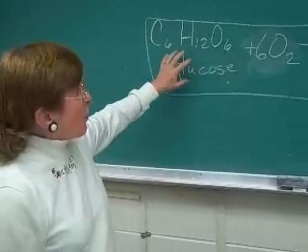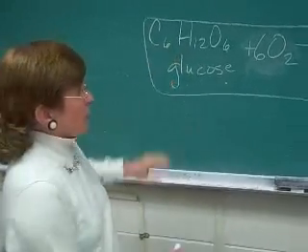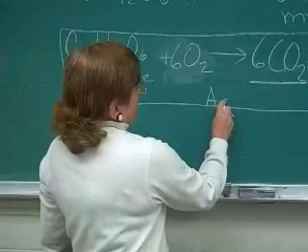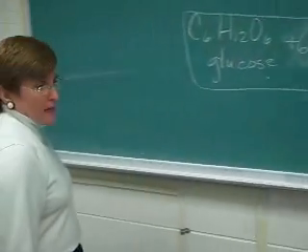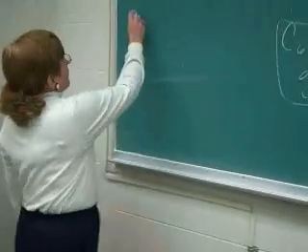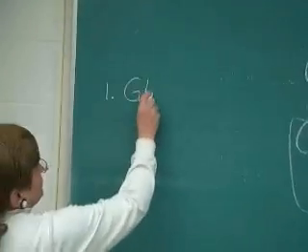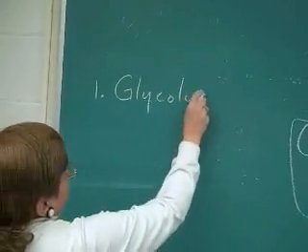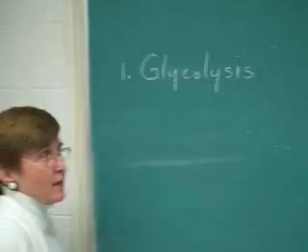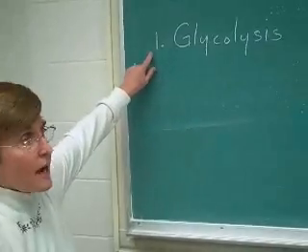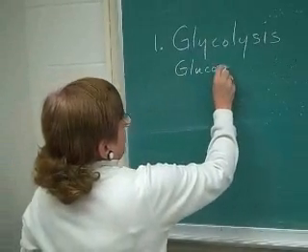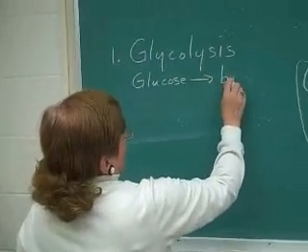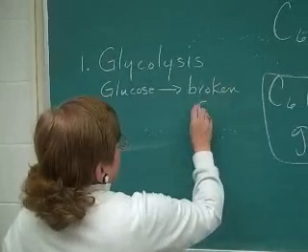I want to mention 4 major steps that must occur in aerobic cellular respiration, and they're listed in your lab manual. First of all, the first step in aerobic cell respiration is glycolysis. Glucose is initially broken down.